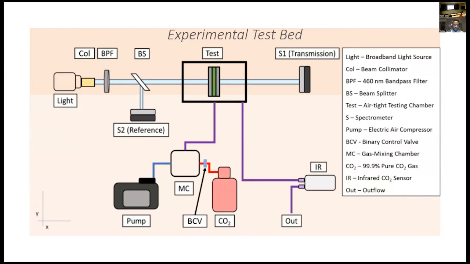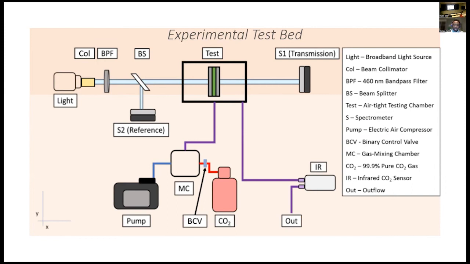So this is what our experimental test bed looks like. We have a collimated light source creating a transmission beam through the sensor, which is in a test chamber, and we capture the transmission through the sensor with one spectrometer, and we capture a reference signal with another spectrometer. And then we do some signal processing to calculate an optical signal, which we are monitoring in real time.